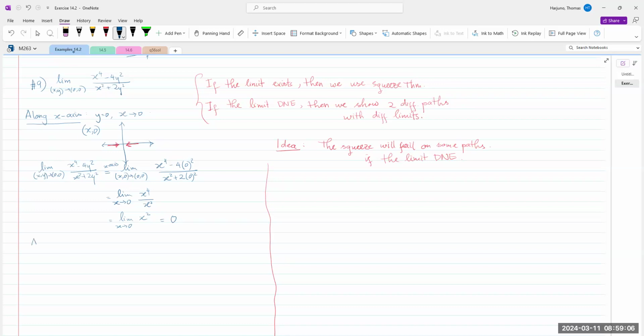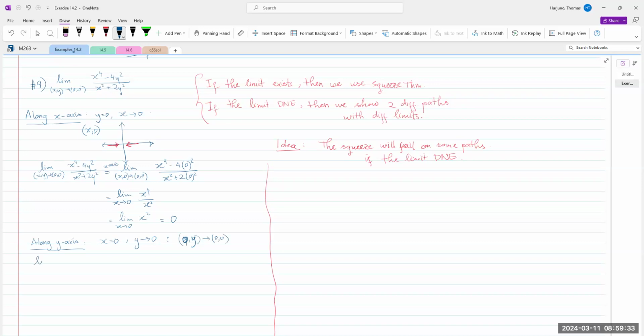However, if I go along the y-axis, which means I set x equal to 0 but y is approaching 0, in other words, we are using (0, y) approaching (0, 0).